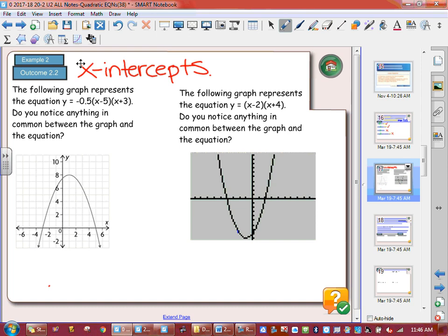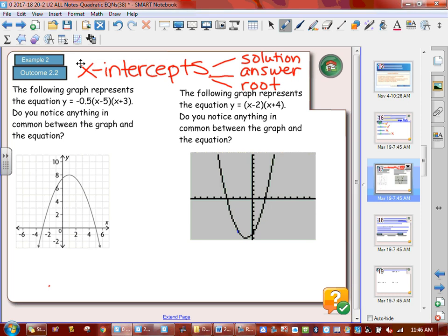So x-intercepts have 4 different names. It could be called our x-intercept, or it could be called a solution. It could be called an answer, and it could be called a root. Solution, answer, and root. Okay, that's another name for x-intercepts.